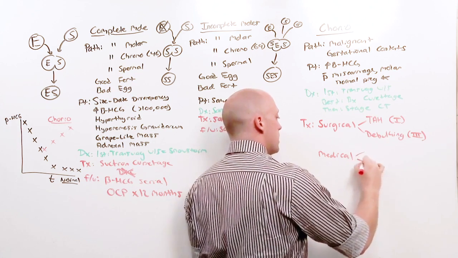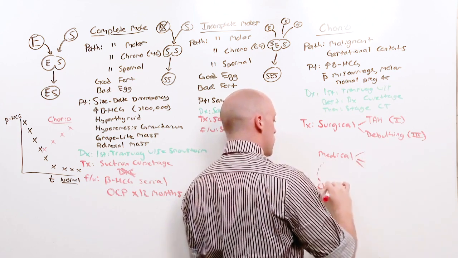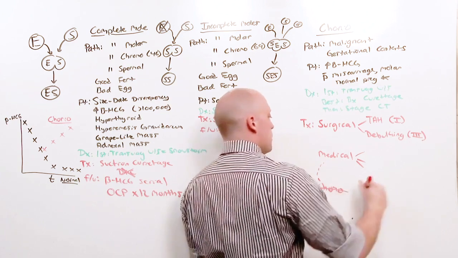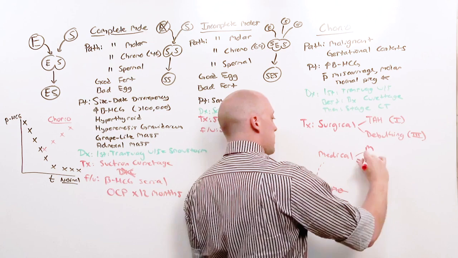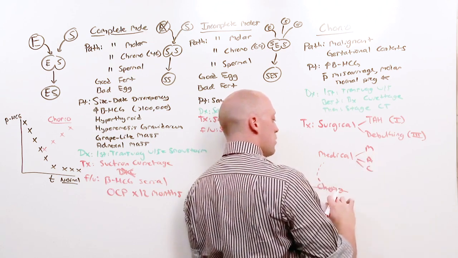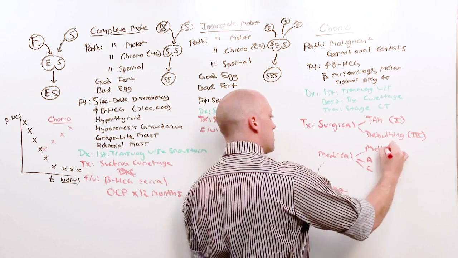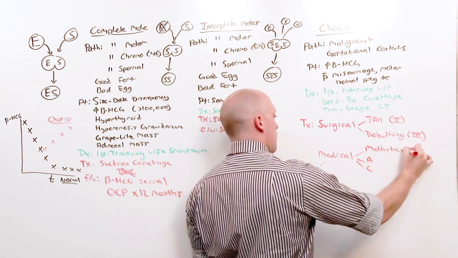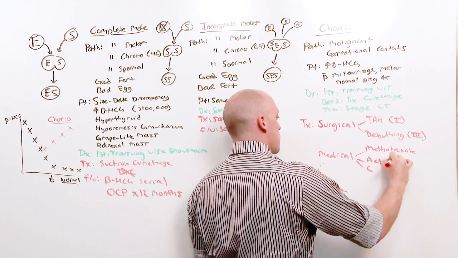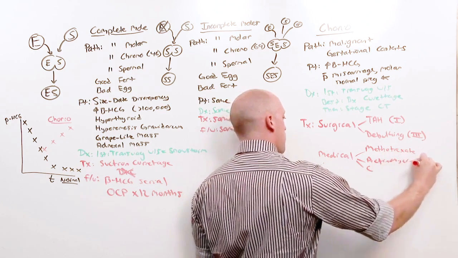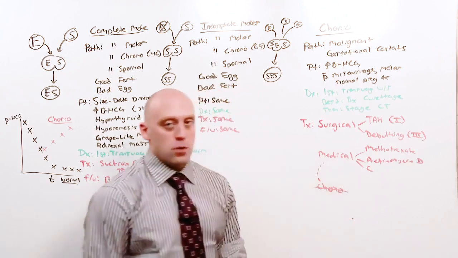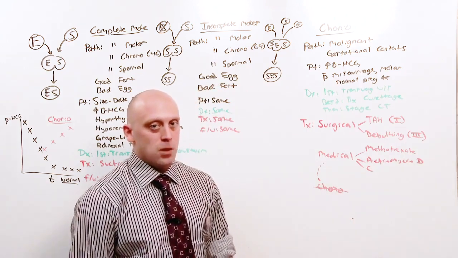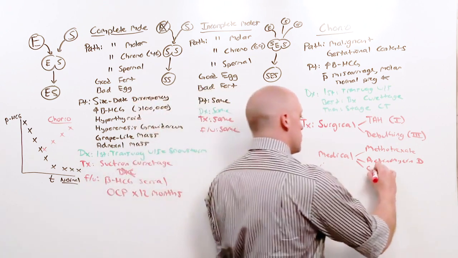Medical therapy can get into really aggressive chemo, which I don't want you to remember, but what I do want you to learn is MAC, because even the chemotherapy regimens are based on methotrexate and actinomycin D. Essentially, everybody is going to get methotrexate and actinomycin D. Some patients are going to get cyclophosphamide.